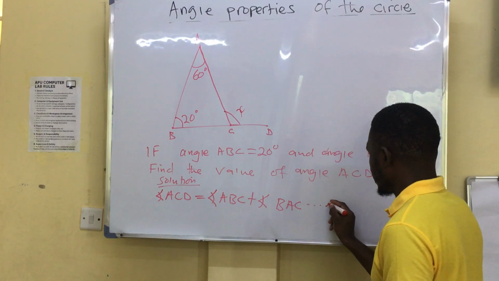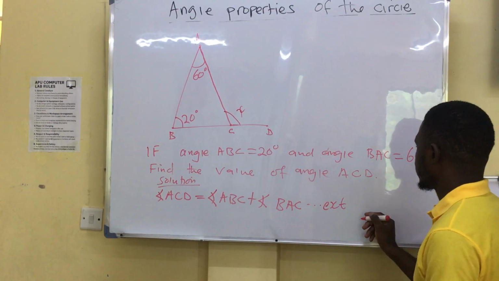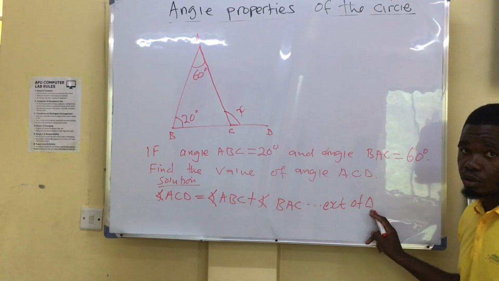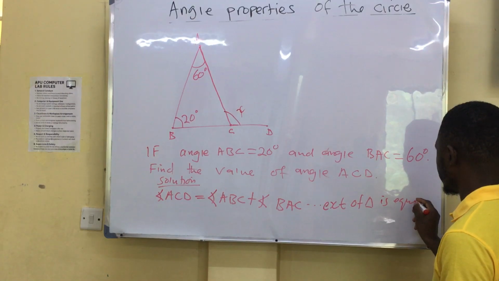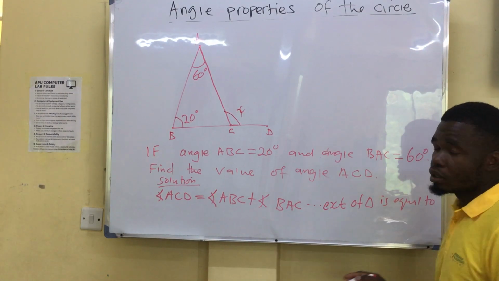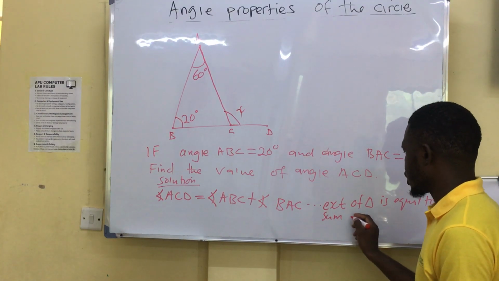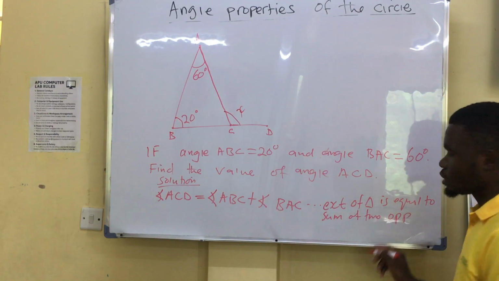Reason: exterior angle, remember EXT means exterior angle of a triangle, this symbol means a triangle, is equal to the sum of two opposite interior angles.